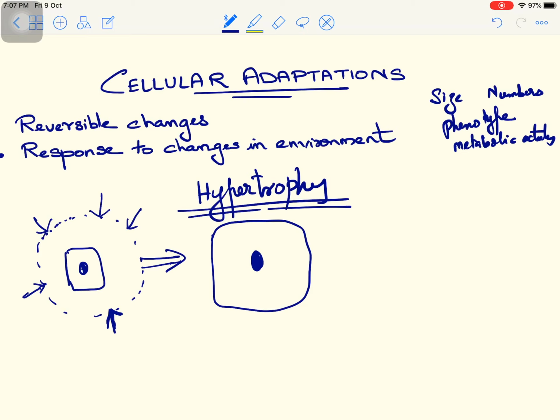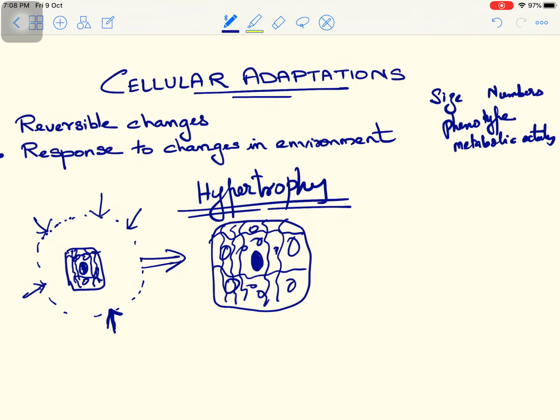So to increase in size, what does the cell have to do? Within a cell, we have cytoskeletons and we have organelles. So to increase the cell size, the cytoskeleton also has to increase, as well as the organelles. The cytoskeleton as well as the organelles have to increase in numbers and size.